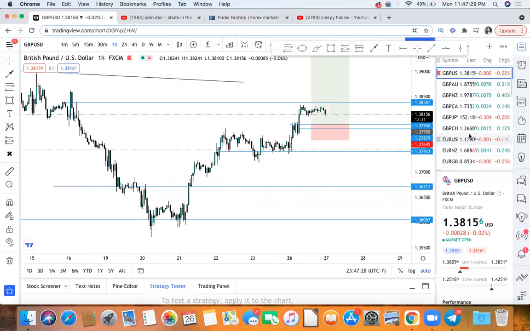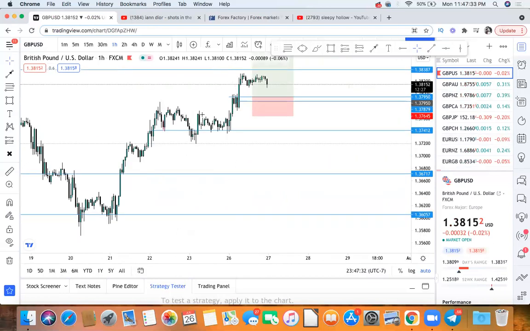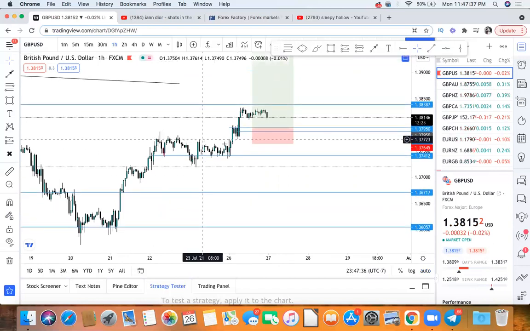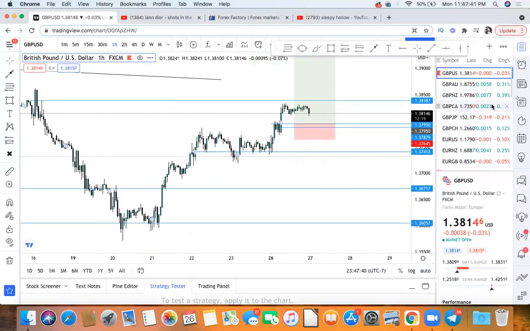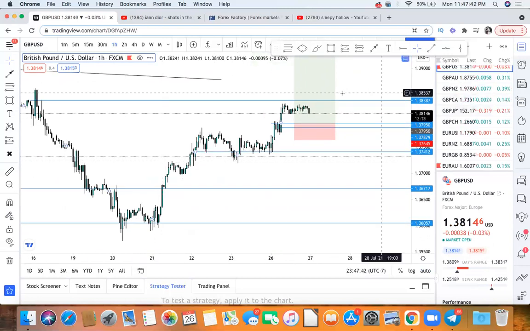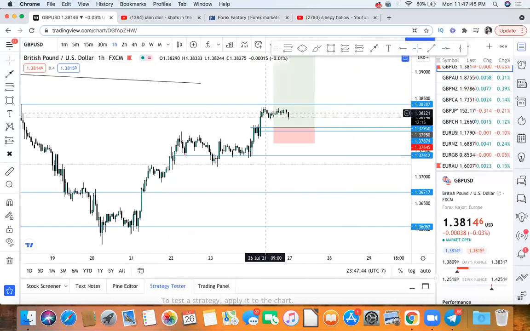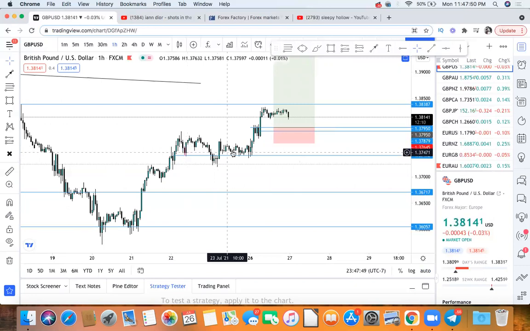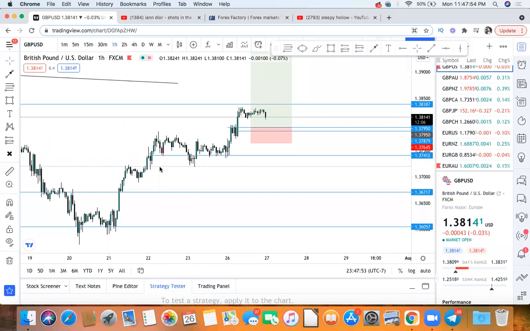I hope we do, because GU has not been going into my entries. I'd be placing buy limits and it's just been spiking up drastically. It hasn't been really doing a pullback. It's just been doing this little movement and spiking back up, like right here, just consolidation, just spike. Didn't really create a pullback on it.